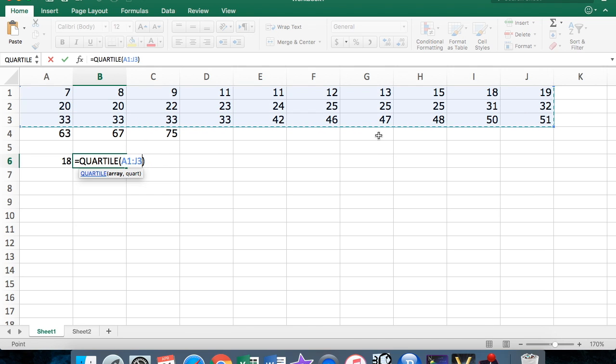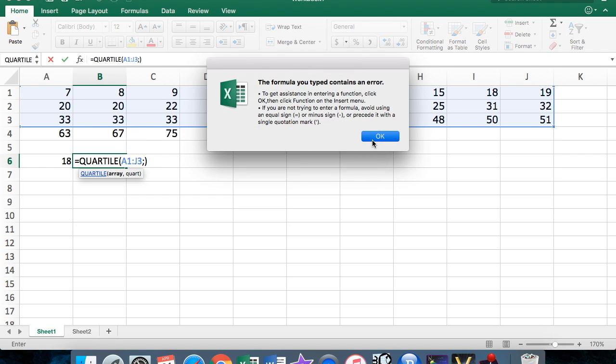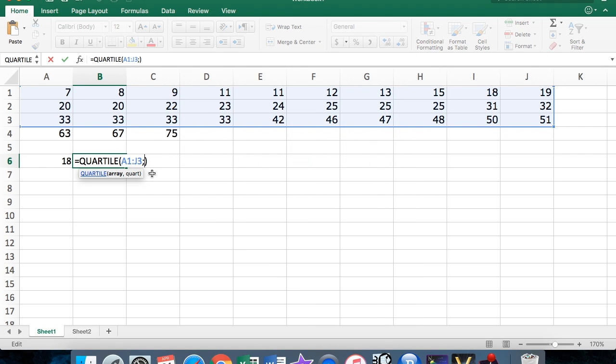So I highlight all this, comma, or all this. Will that work? No, doesn't like me doing this. I would think that this would work, but I guess I could just do this.